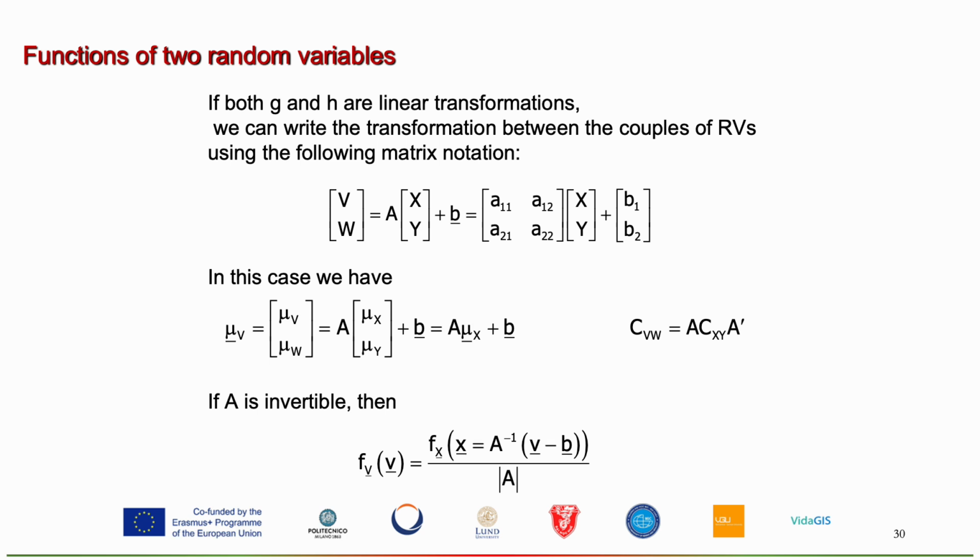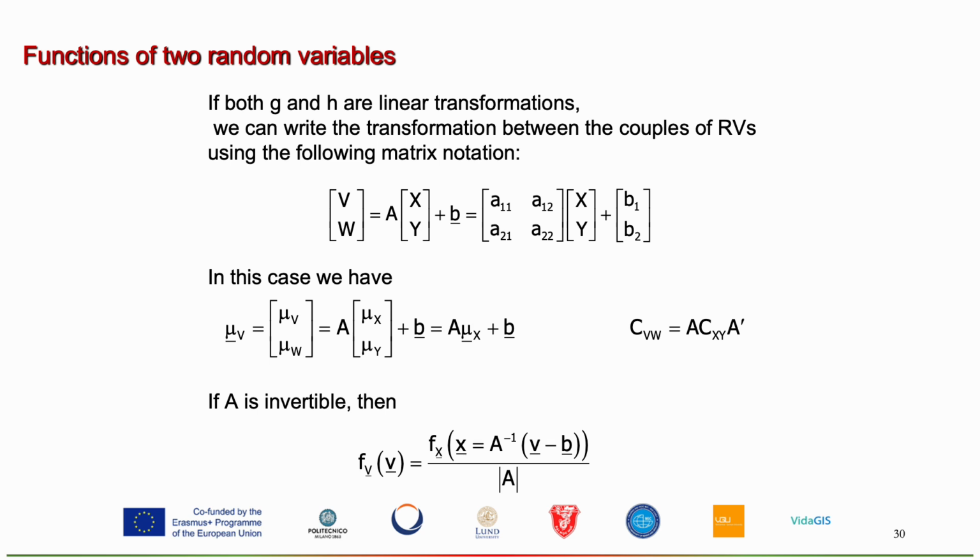The covariance matrix of the two-dimensional variable VW can be proved to be equal to the matrix A that multiplies the covariance matrix of XY that multiplies the transpose of A. In case of a linear transformation between one two-dimensional variable to another two-dimensional variable, we can also strictly compute the joint density function of VW.